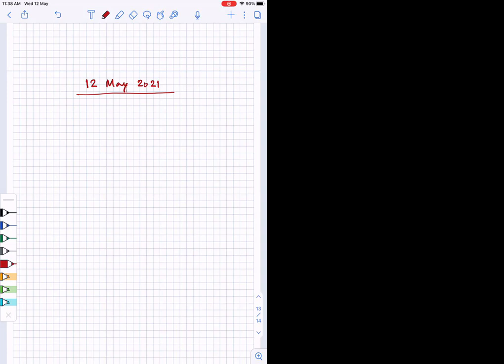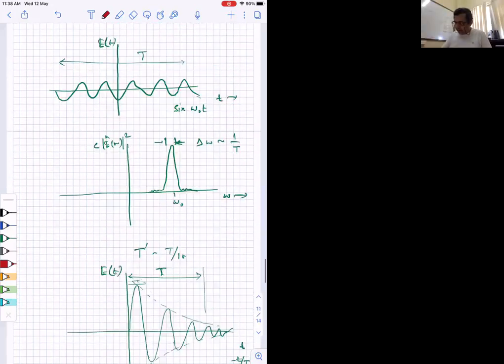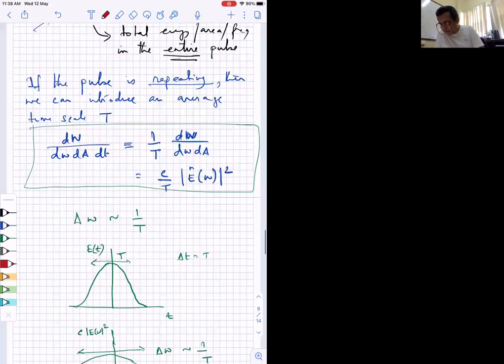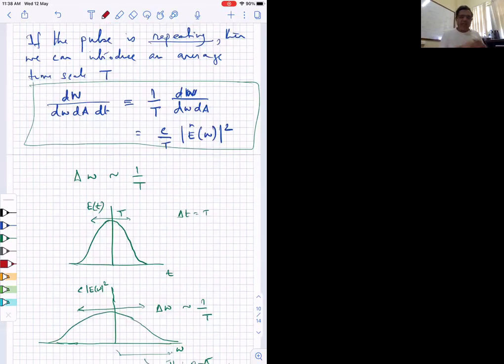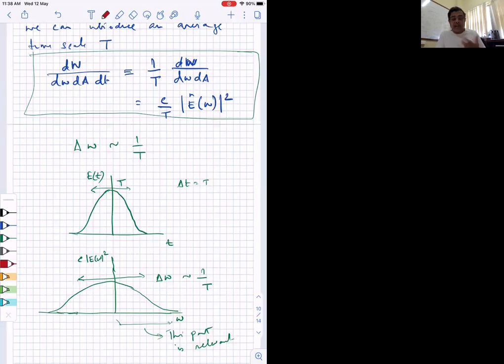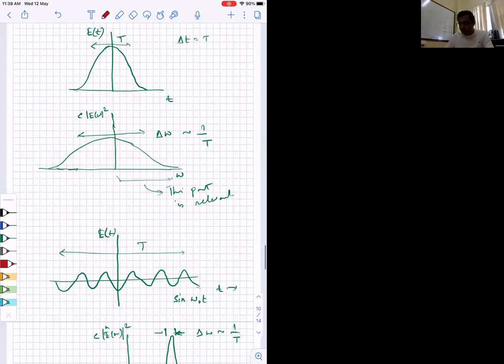So, okay, let's start. Last time we had a very basic idea of radiation and pulses, and basically how to think about time scales, time and frequency, and how to think about averaging or taking some average energy in the pulse average spectrum, which will be used later on.